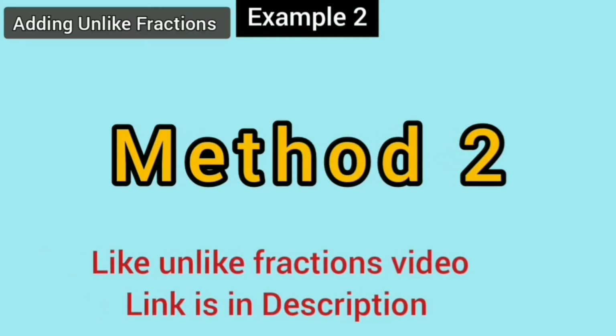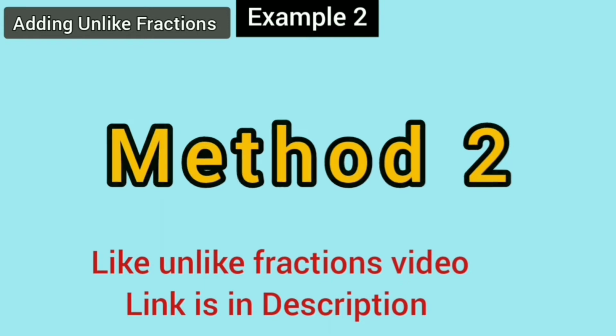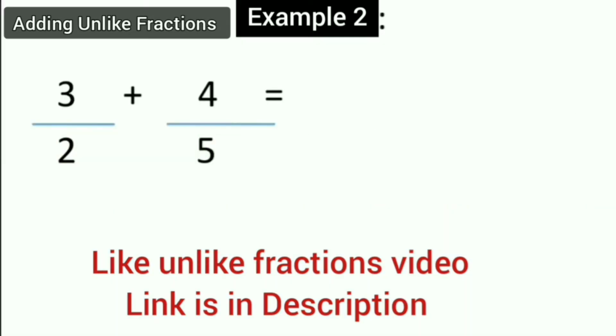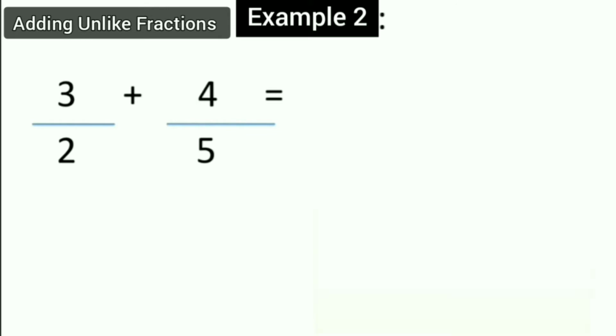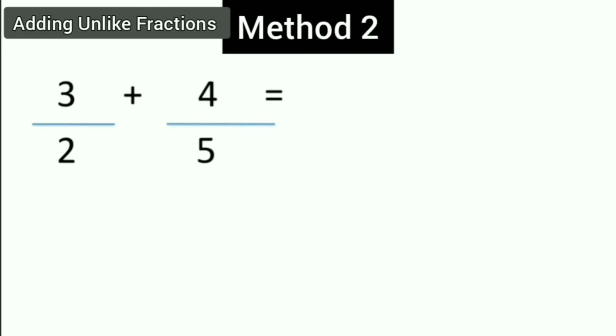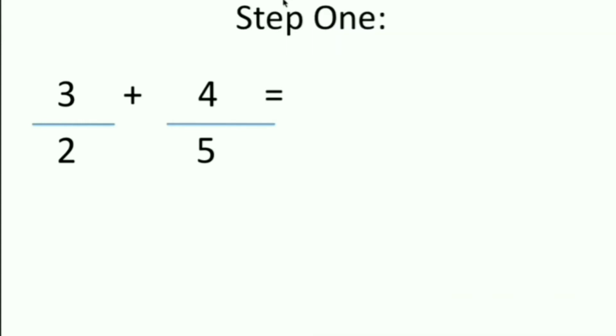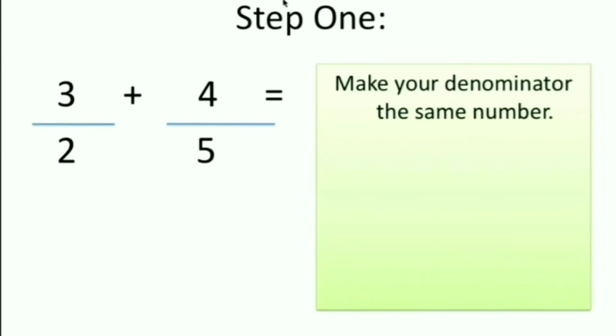Let us learn one more method to convert unlike fractions into like fractions. Observe these fractions. These are unlike fractions, right? To add these fractions, first step we have to do is make your denominator the same number.